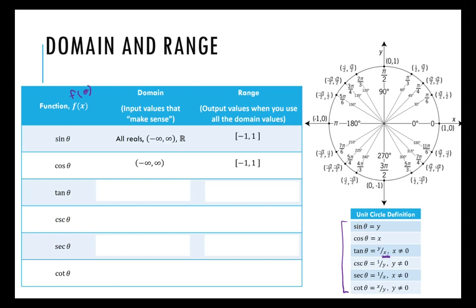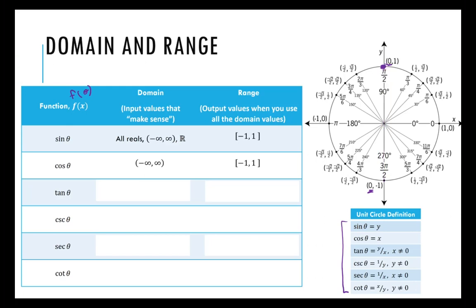Now tangent is where we actually have to be concerned because we have division. Notice that the problem is going to be anytime that x is 0, tangent breaks down. So how are we going to figure that out? First off, let's see where x is 0. Well, x is 0 here and here, so these terminal rays are where tangent breaks down.